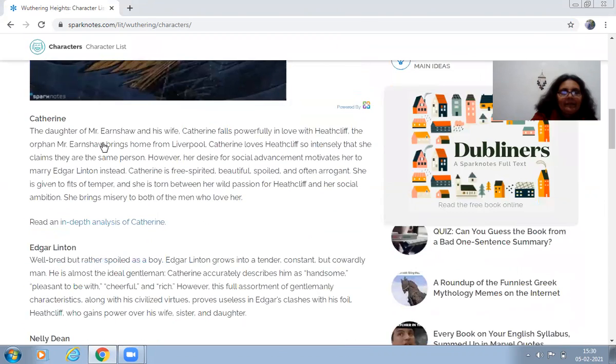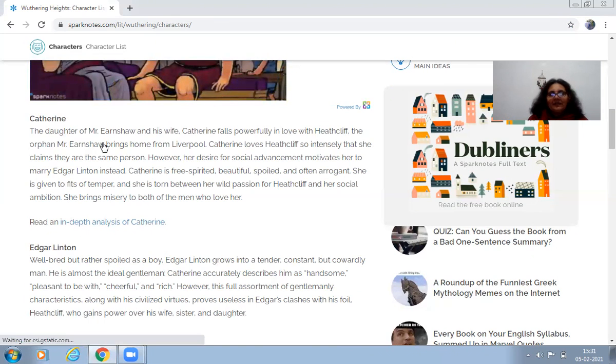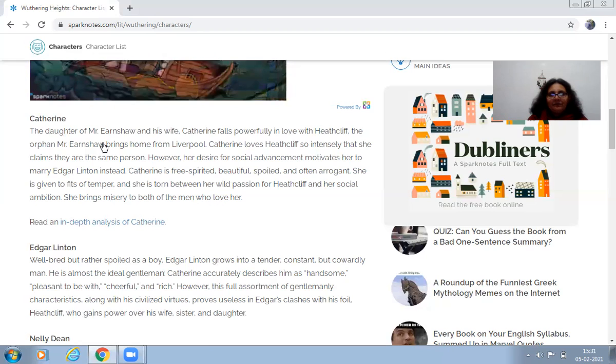Okay. Next character in the novel is Catherine. She is daughter of Mr. and Mrs. Earnshaw. She is in love with Heathcliff, but somehow she is unable to marry Heathcliff.